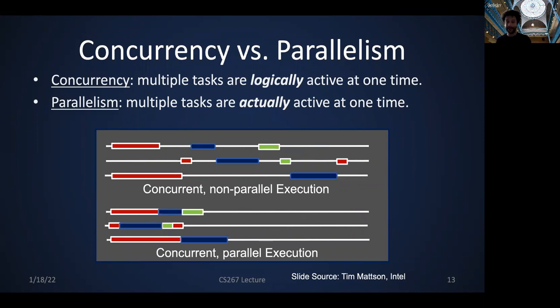But there's no real parallelism going on in there. So things are concurrently executing, and the processor is just simply switching from one task to the other fast enough that you don't feel it as the user. But that's not really parallelism. Concurrency can have parallelism, of course, but that's the only part we're going to focus on in this course. Multiple tasks are actually active at one time for what we consider real time, right? If you're into philosophy and whether time exists or not, that's beyond the scope of this class.